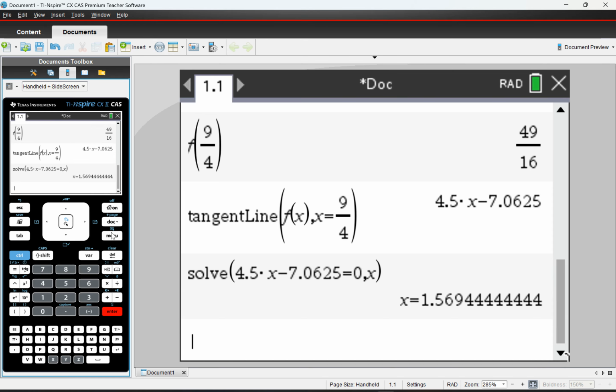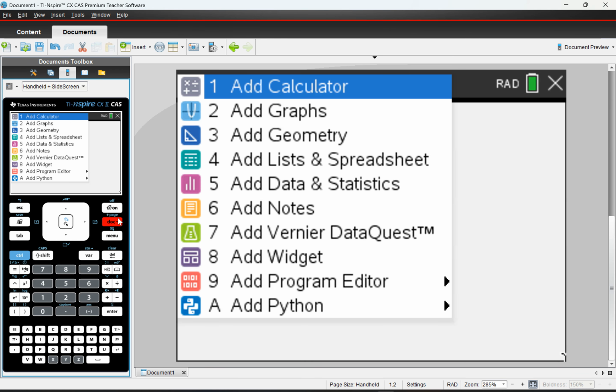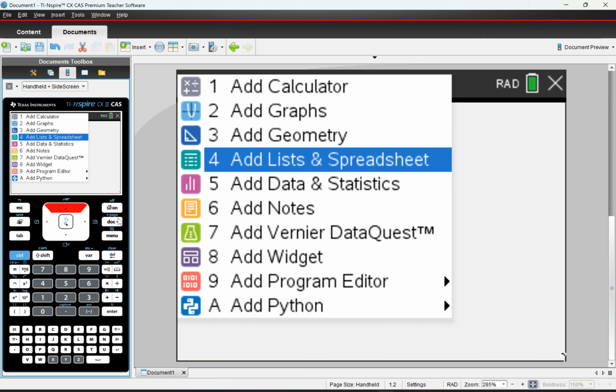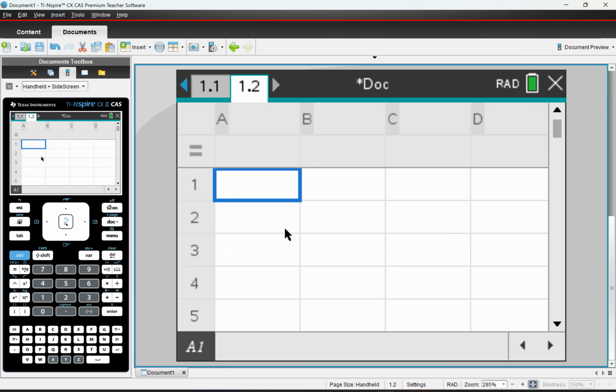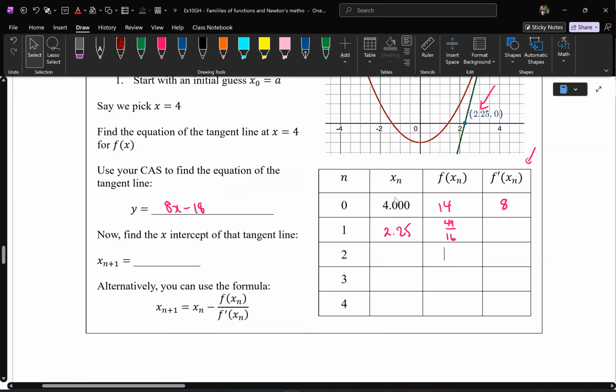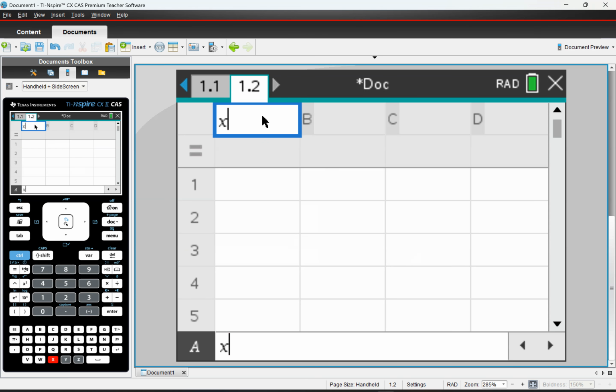If you prefer doing a spreadsheet, then you add on control, page, go list in spreadsheet. We'll start off with, we'll call this x. Let's call this f of x.